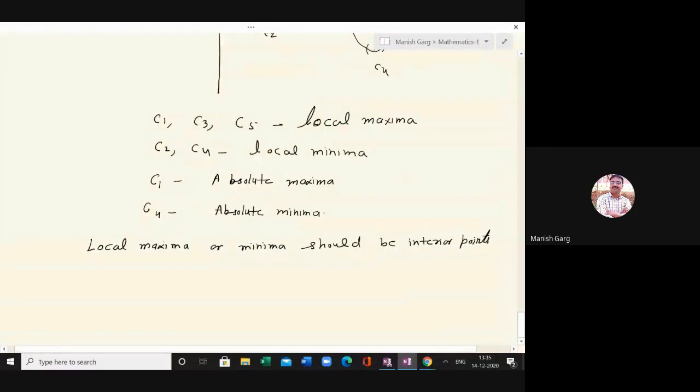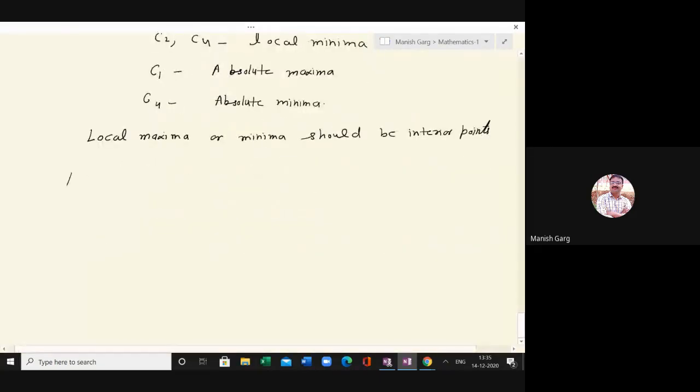So now you have studied maxima and minima: what is local maxima, what is local minima, absolute maxima, absolute minima. Now let us check the necessary condition.